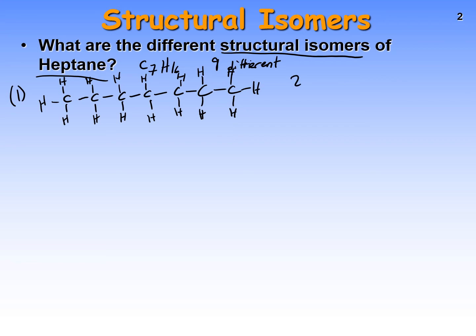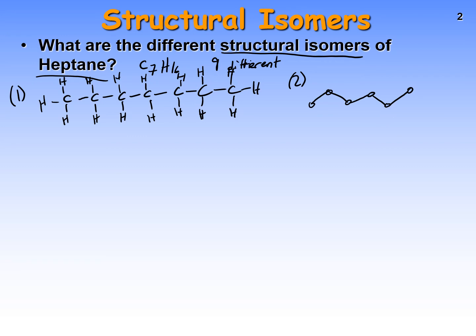A second one, if I'm going to use skeleton formula, I'm going to draw lines. So there's 2 carbons, 1, 2, 3, 4, 5, and I'm going to stop at 6. Because at this point, if I add another one to this chain, I'll get just this structure again. But if I take that last carbon and I put it out here, this still gives me 7 carbons, right, with the circles.